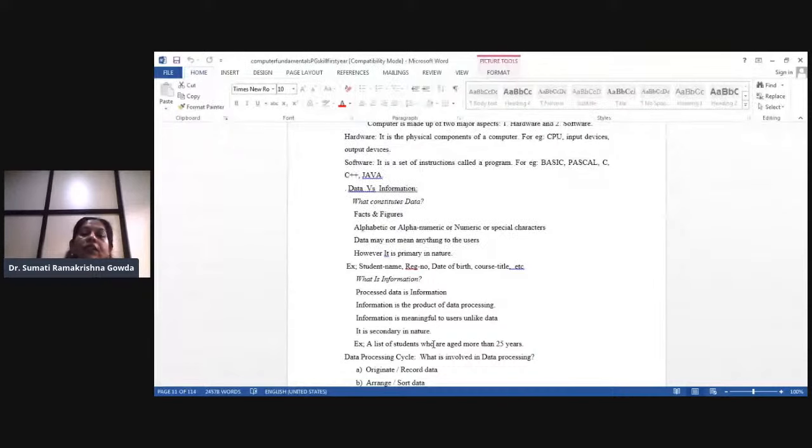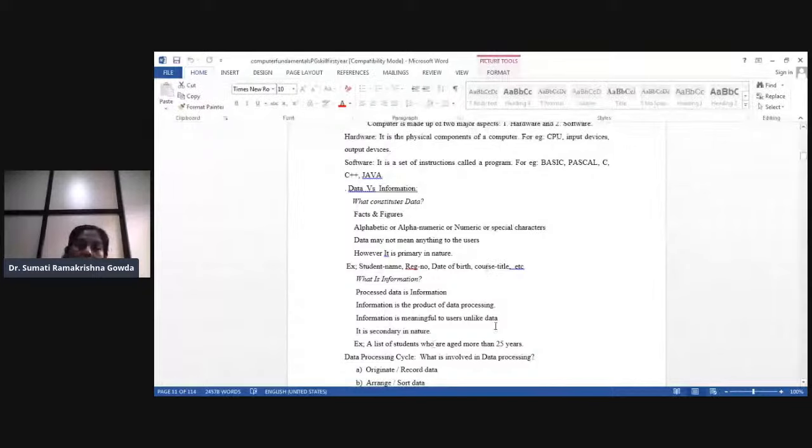Suma is what? It is a name or something. So Suma is a combination of alphabets. These alphabets are raw. Suma is information. Okay. So the processed data is information, which has got meaning. Data does not have any meaning, so we call it raw facts or figures.